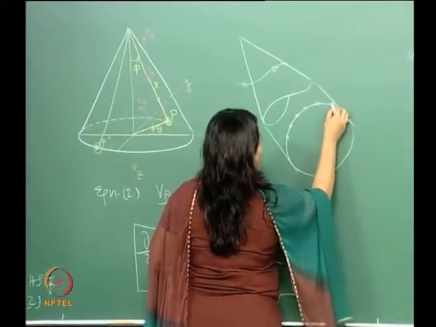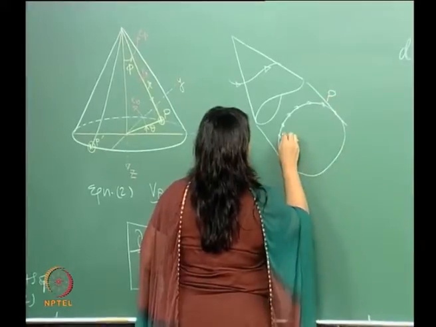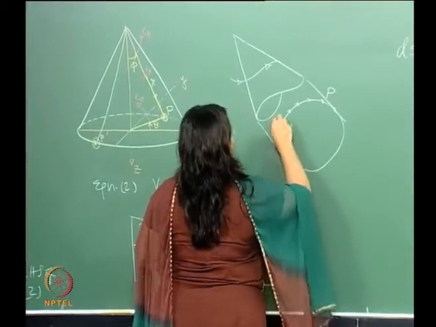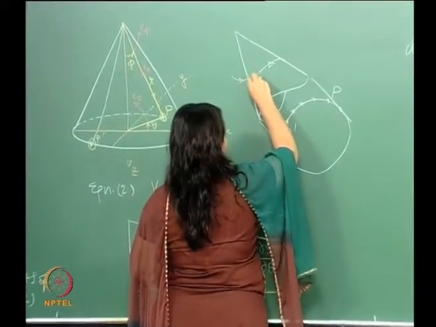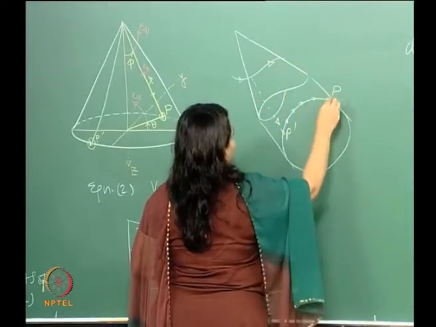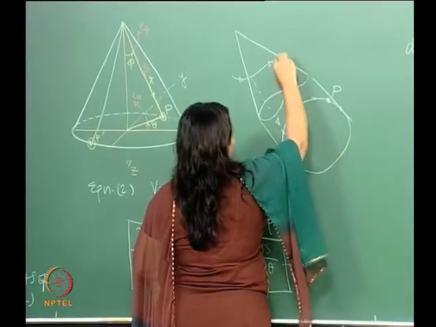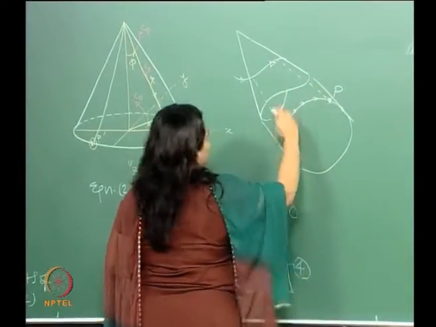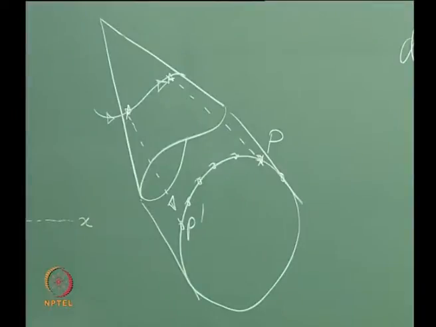So, this is P and this is P dash. I am going from this point to this point here, which are on the same streamline.